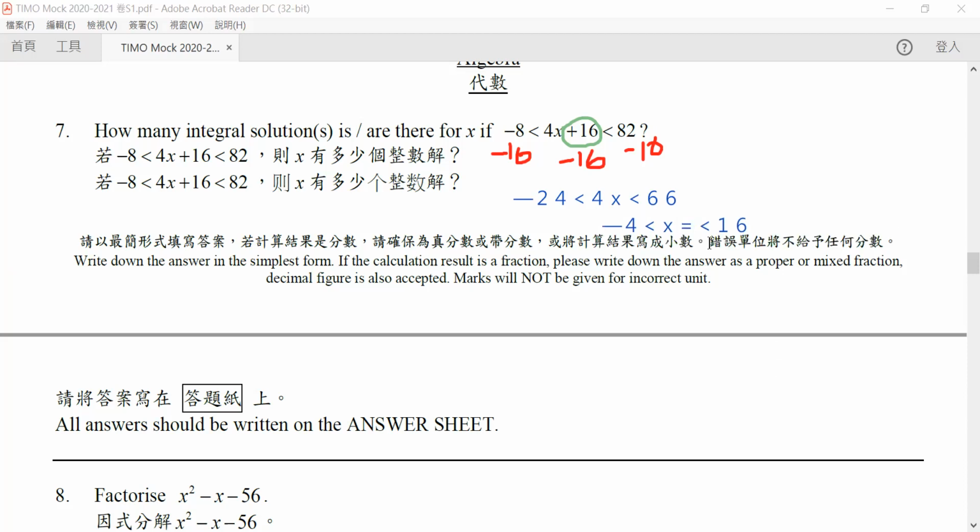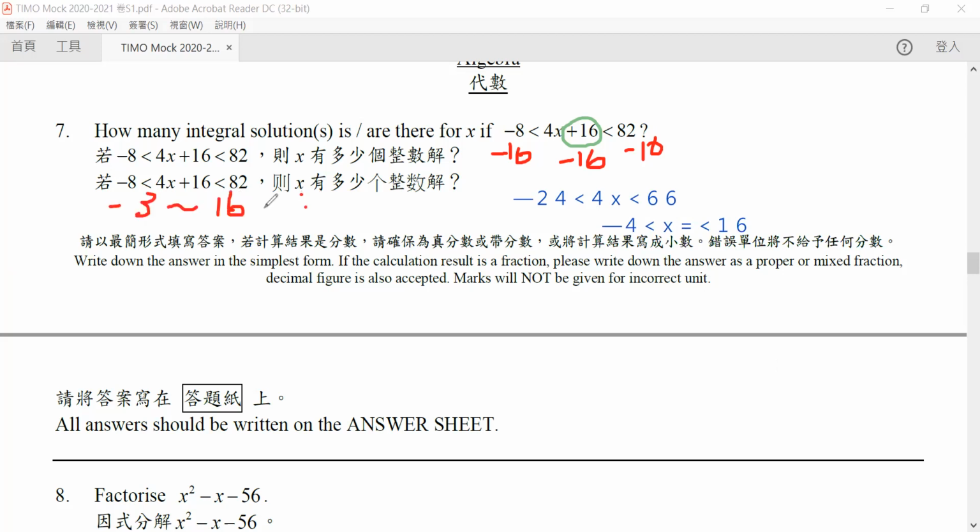So how many integer numbers? So we know that x can be from -3 to 16.